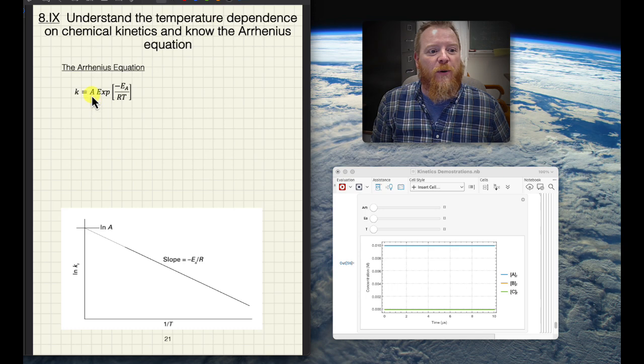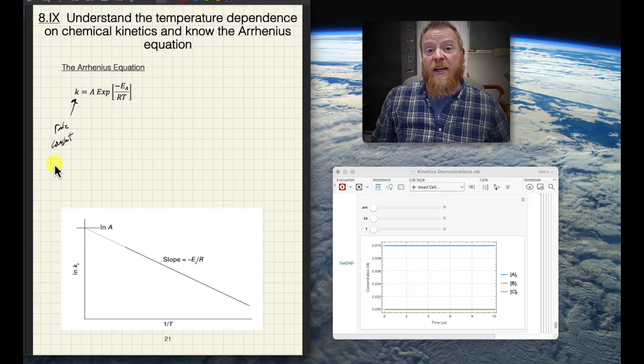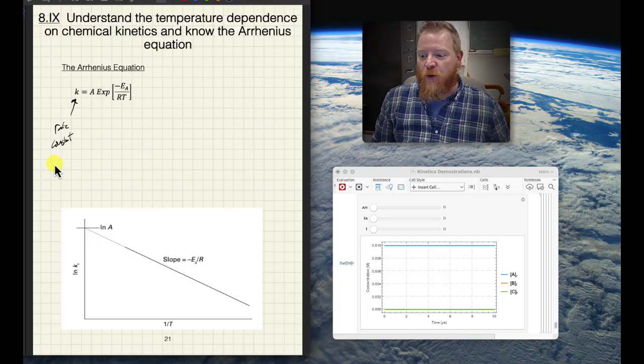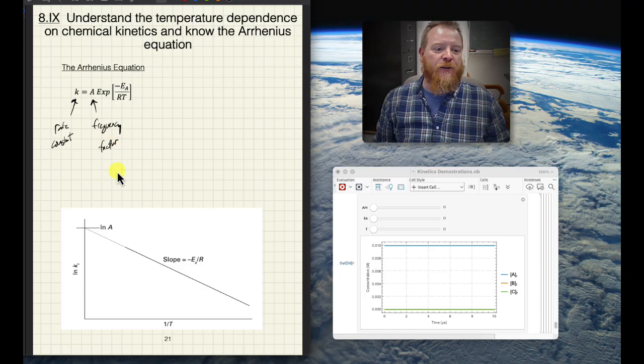So what I want to note here in the Arrhenius equation, k here is our rate constant. And we should note that that could be a rate constant of any order. So it could be a first order rate constant, second order rate constant, and so forth. So this A term, this is what we call our frequency factor.